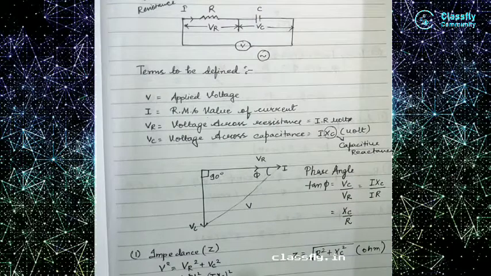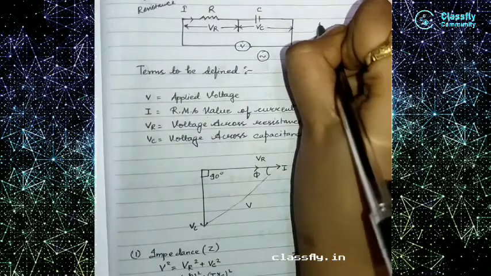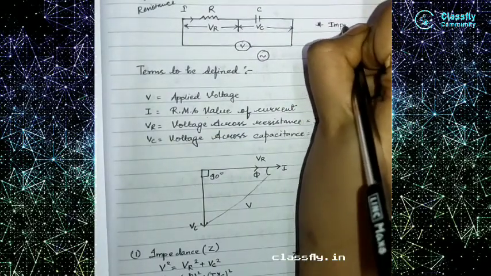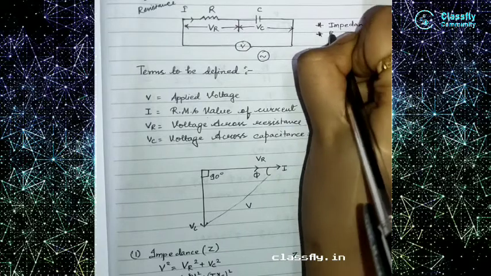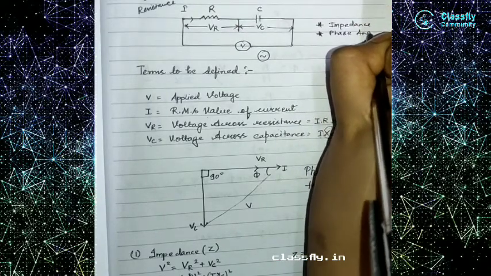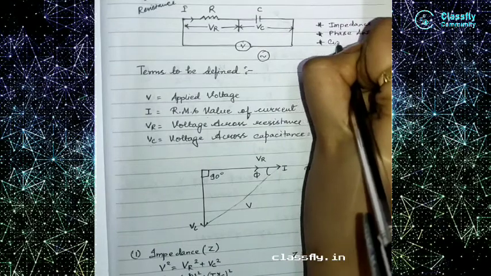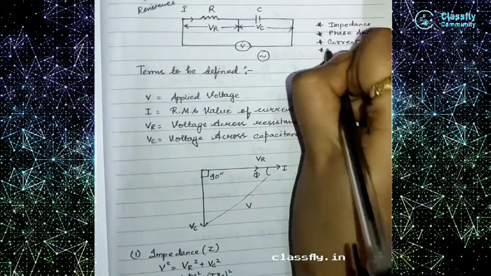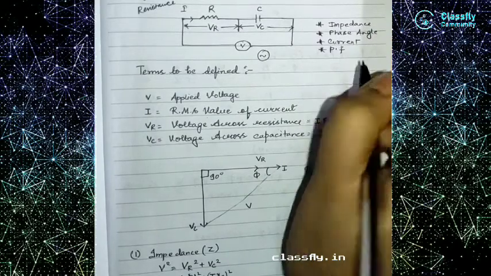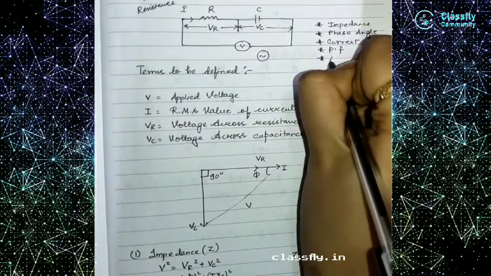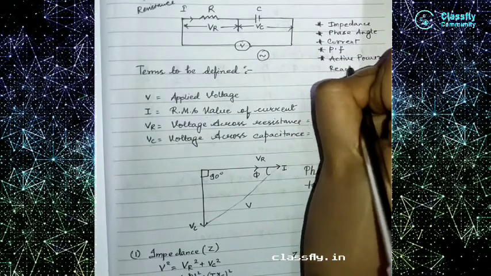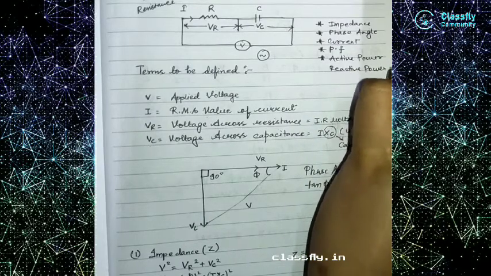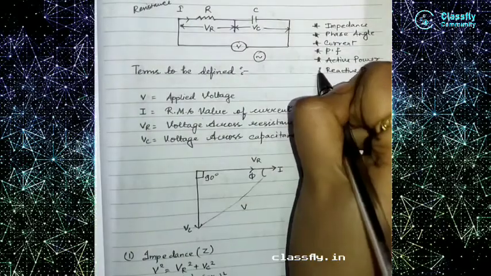Now, what we have to do in this circuit: we have to find the impedance. Also we have to find the phase angle, the current, the power factor, I am writing in short PF, and the three powers: active power, reactive power, and apparent power.